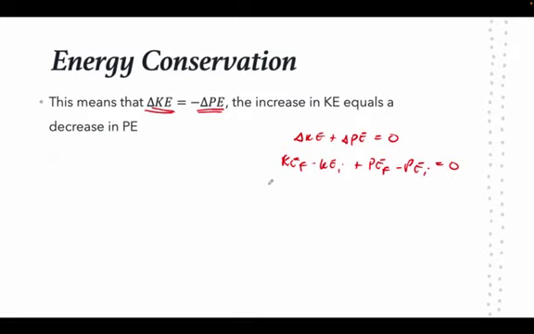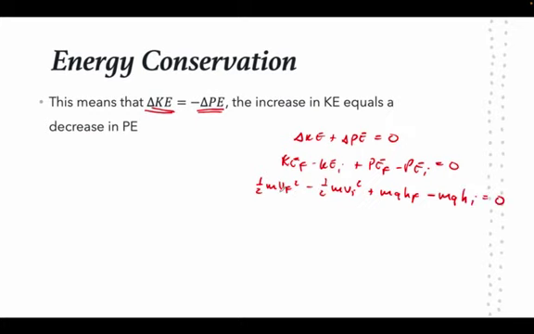Let's keep going with this formula because this is a good expansion. So then we would see that 1/2 m vf squared minus 1/2 m vi squared plus mghf minus mghi is equal to 0.